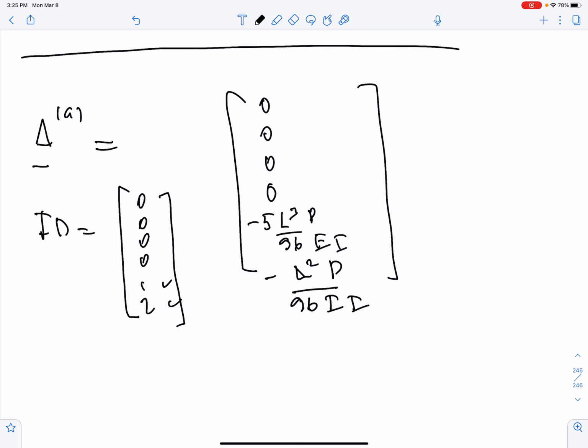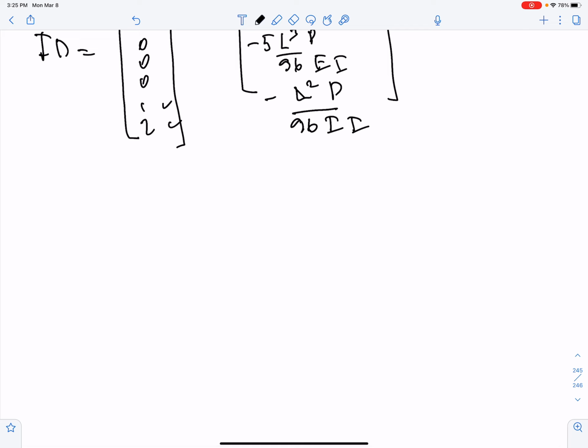Next, we need to find the forces. Remember F prime. This guy is the same as kappa prime times delta prime A. There are no distributed loads, so the only nodal forces will come from displacements.